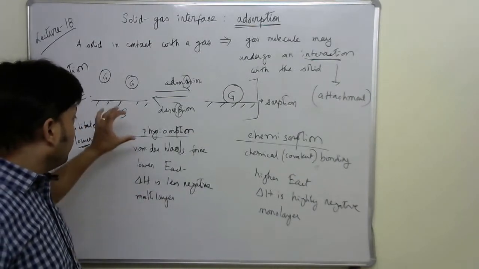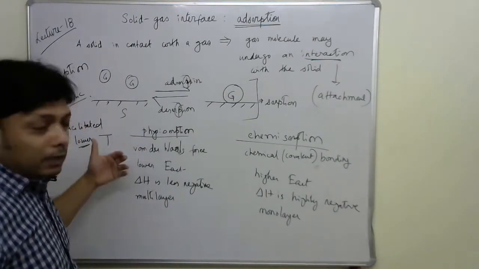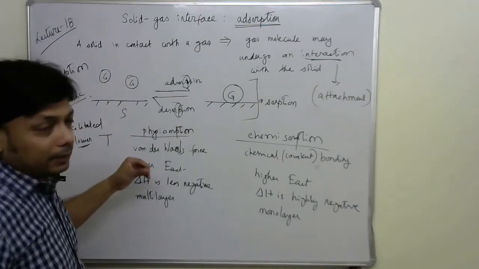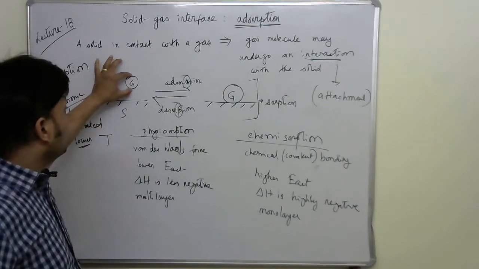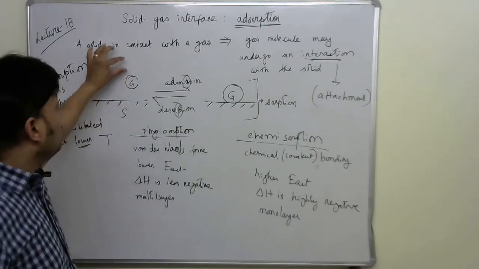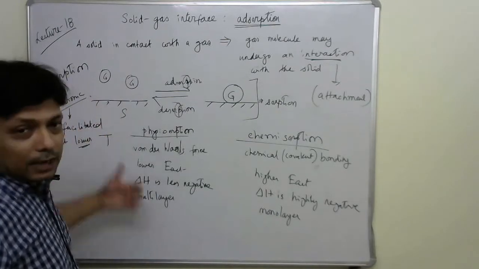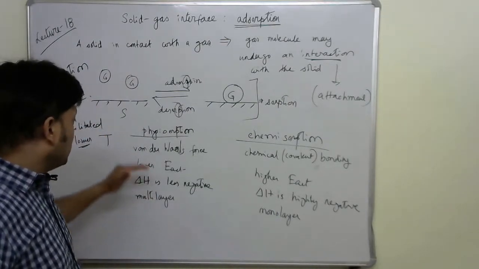And so the physical in physisorption, the same van der Waals interaction would be valid when the gas molecule is directly interacting with the solid, or two different gas molecules are directly interacting with each other while getting adsorbed. Okay, so these are the important points.